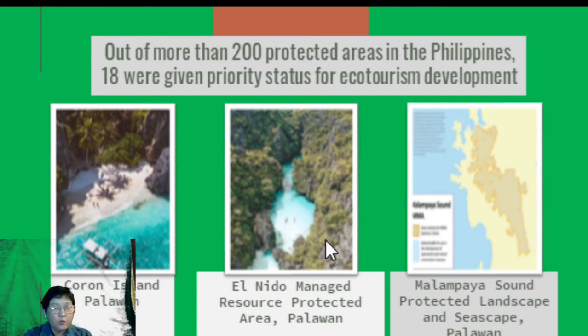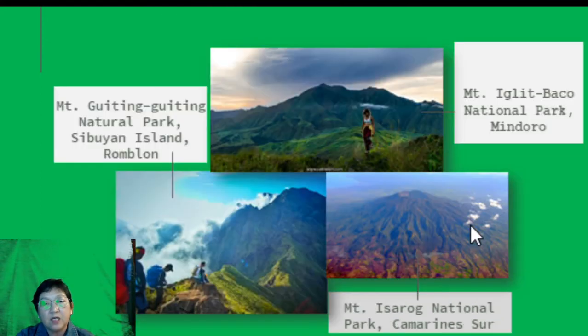To mention a few, we have Coron Island, which is located in Palawan. El Nido Managed Resource Protected Area in Palawan. We also have Malampaya Sound Protected Landscape and Seascape, found also in Palawan.